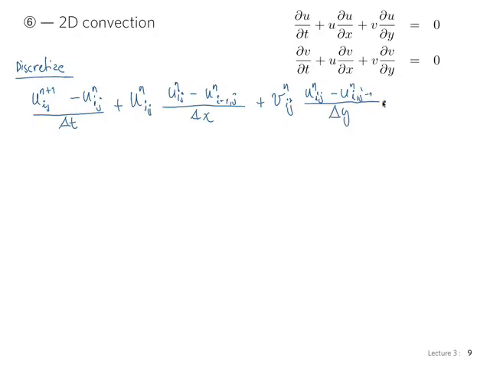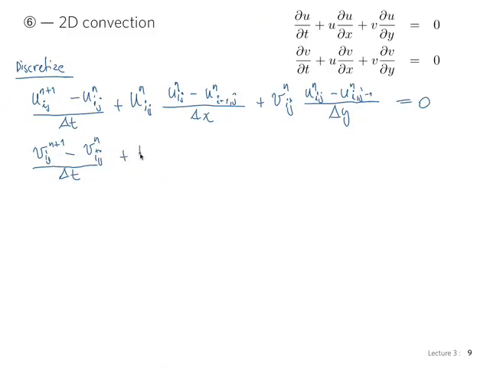Second equation refers to v, so we have v_ij at n plus 1 minus v at time n. Don't give up.